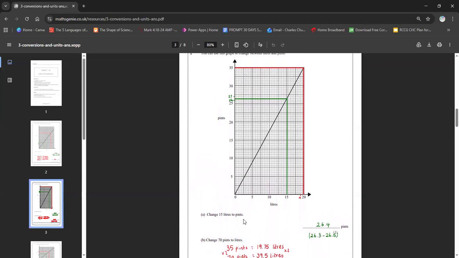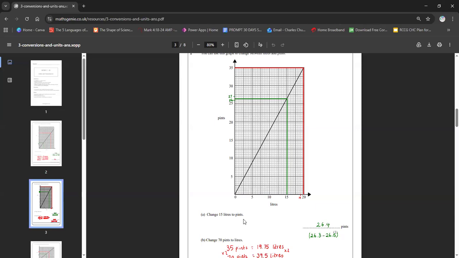What I could do is first find out the 35 pints in liters twice, because that equals 70.